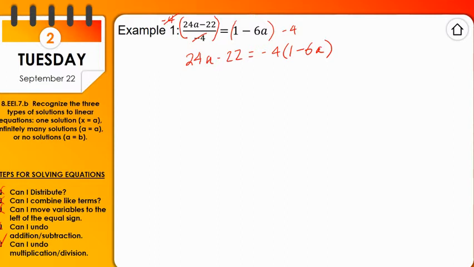Still can't solve, so I go back to my steps. Can I distribute? Now I can distribute my -4. -4 times 1 is -4. -4 times -6a is positive 24a.